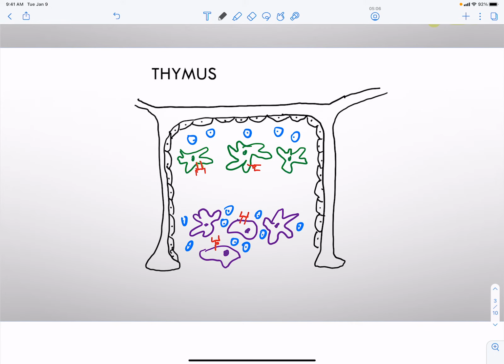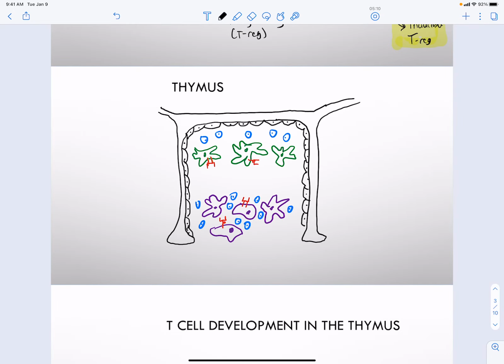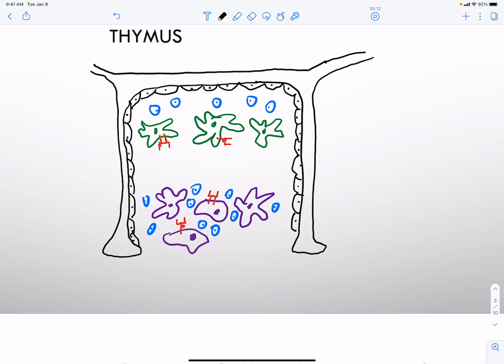Okay, so let's talk a little bit about the thymus. The thymus is going to be made up of three general zones. We have our subcapsular zone. We have our cortex. And you have the medulla.